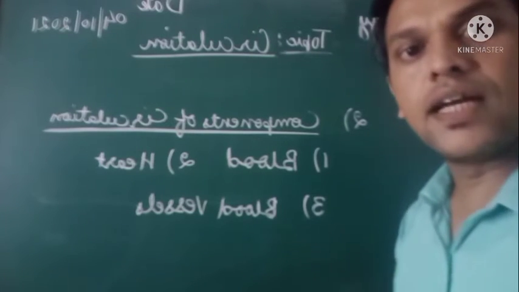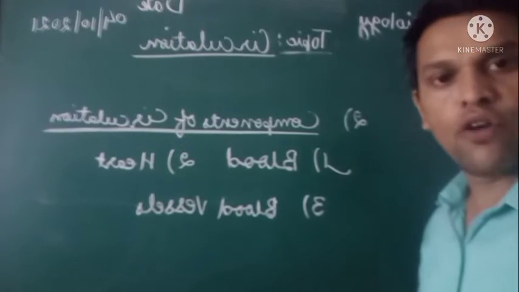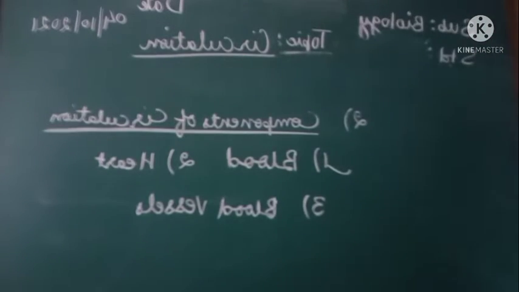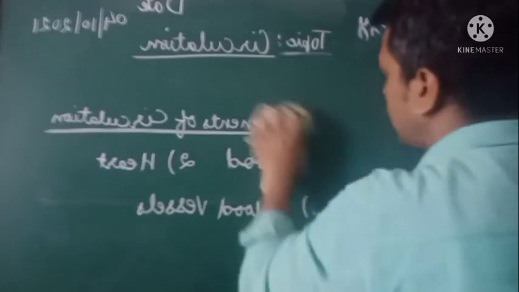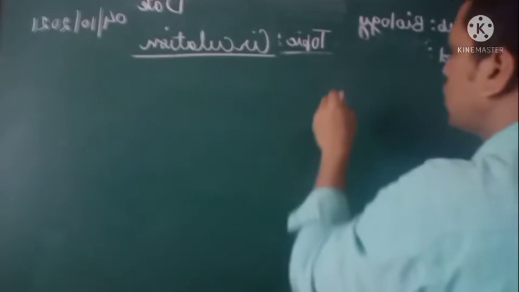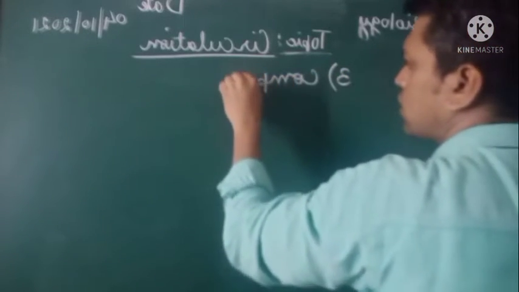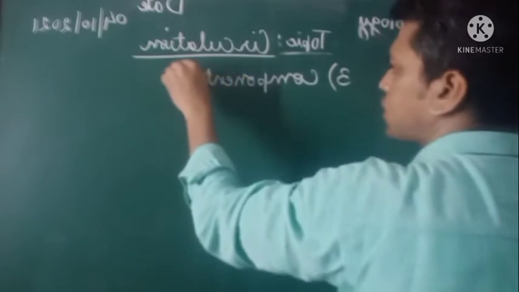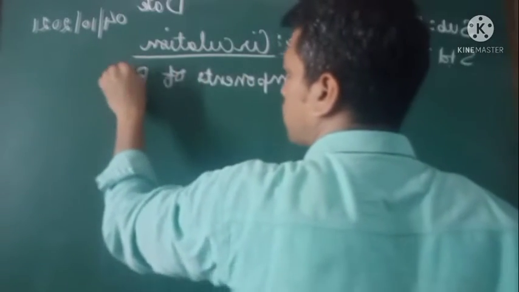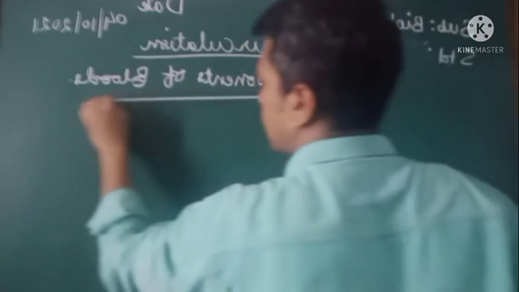Now we will try and understand first the components of blood. So let us check out what the components of blood are, meaning inside blood what all we can see.